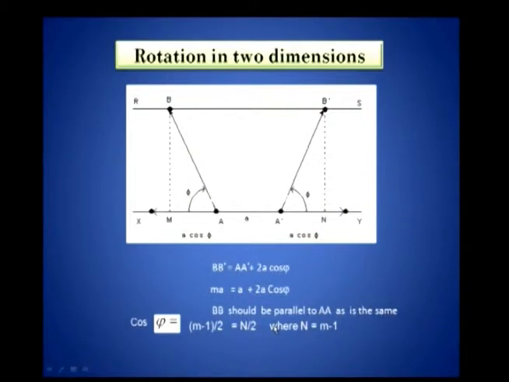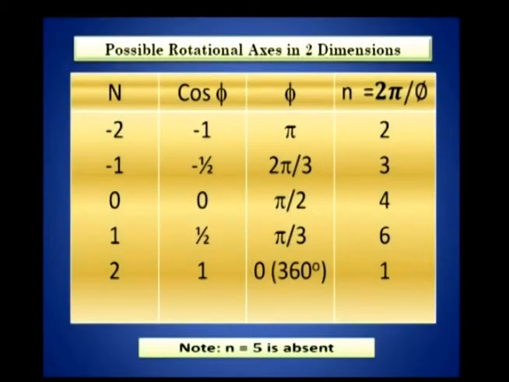You know the maximum and minimum values of cos phi, and n is an integer, so let us go to this table, which shows that n will take values from minus 2 to plus 2. Then only will cos phi vary from minus 1 to plus 1.